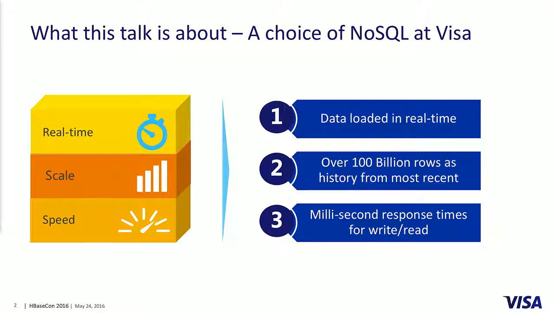And already right now, we have a large installation in production. So what I'm going to try and tell you is, what did we do in 1 year? We had to bring HBase into the Visa environment very quickly. And last year, we were looking for some kind of a presentation like this. If somebody wants to adopt HBase very fast, what would be the right way to do it?